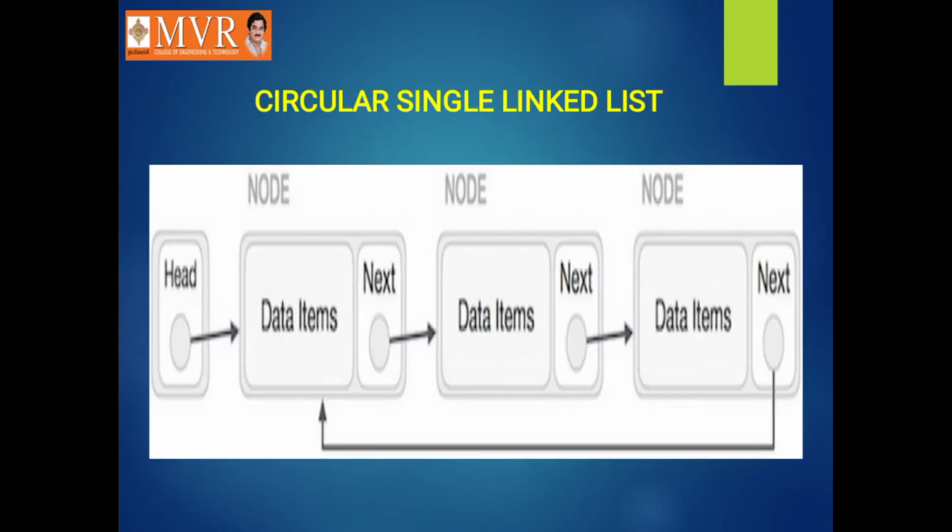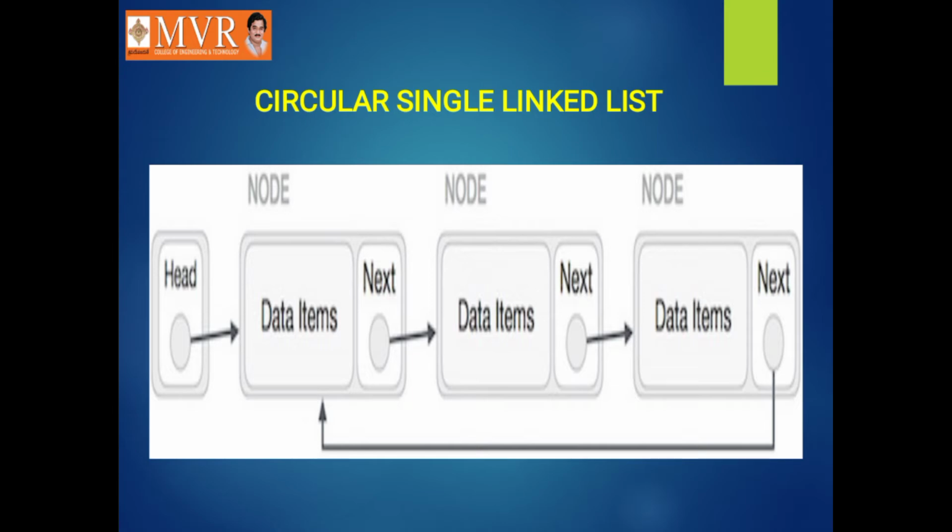Here is a simple example of a circular single linked list. As I have told, in a single linked list every node will contain two parts, that is the data part and the link part. The data part contains the actual data and the link part will point to the next node. Here, the starting node will always be the header node.